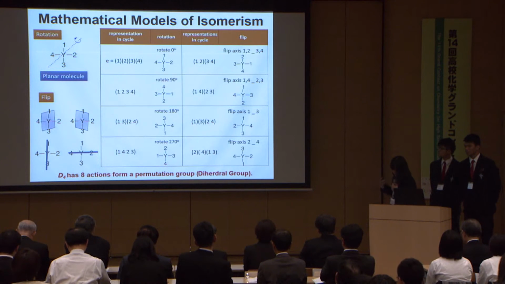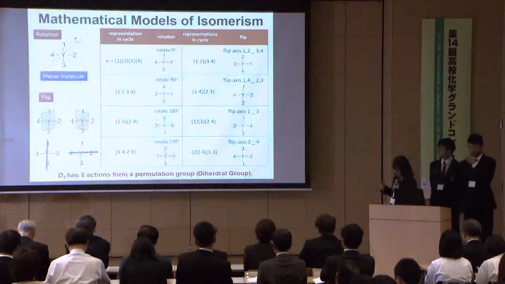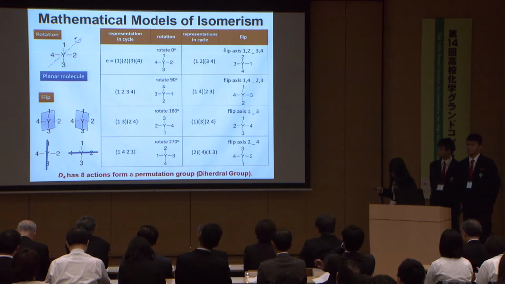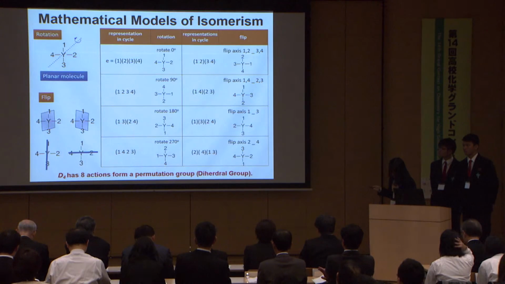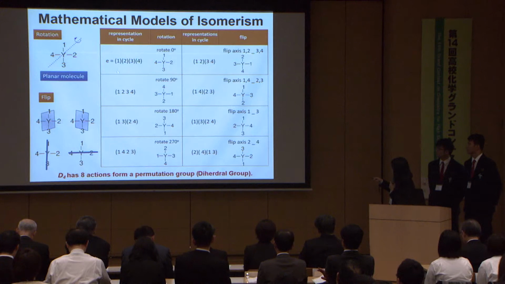For chemical materials such as planar structures and 3-dimensional structures, we can find their symmetry axes and symmetry planes, and describe the rotations and flips as mathematical cycles, like this.